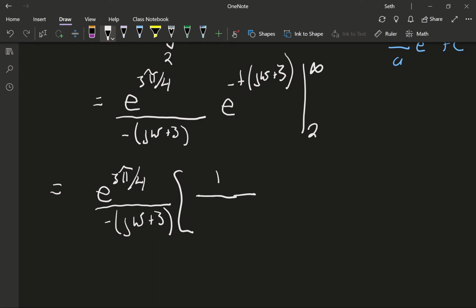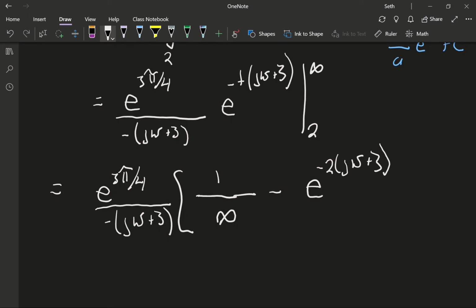This is a negative exponent, so we're going to bring it down to the denominator and plug in infinity, in which case we get infinity now minus e to the 2 (j omega plus 3).